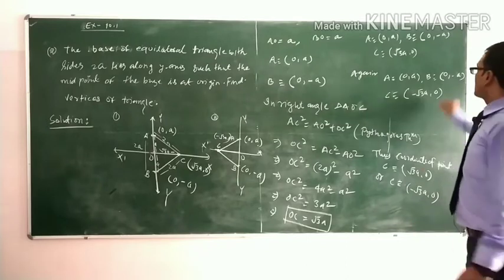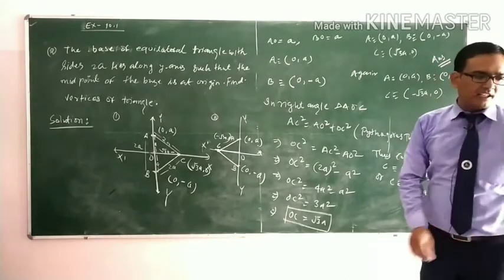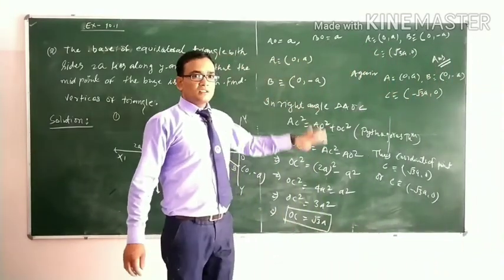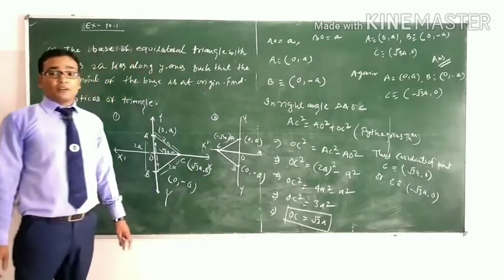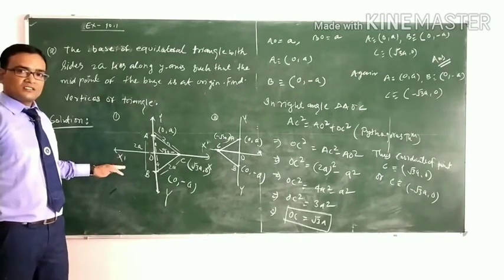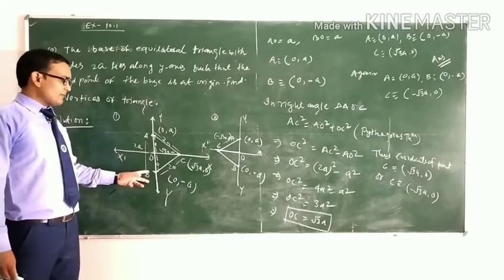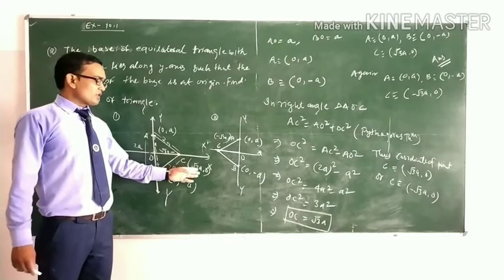Okay students, this is your answer. You are satisfied? The coordinates of the vertices of equilateral triangle ABC: the coordinate of A is 0 comma A, coordinate of B is 0 comma minus A, and coordinate of C is square root 3A comma 0.